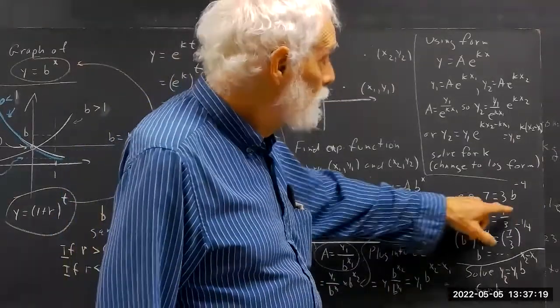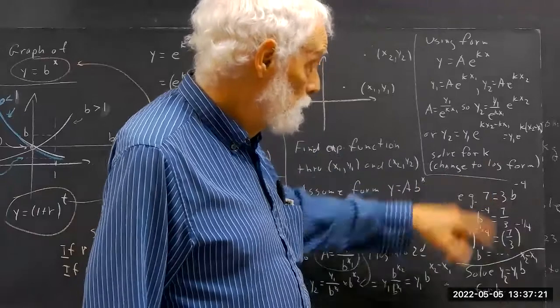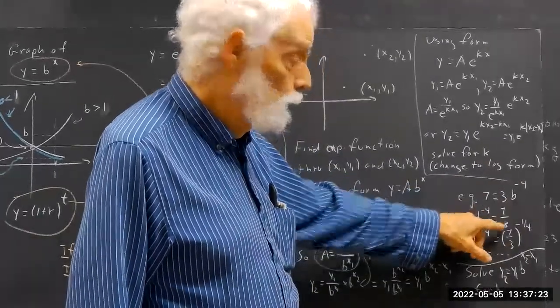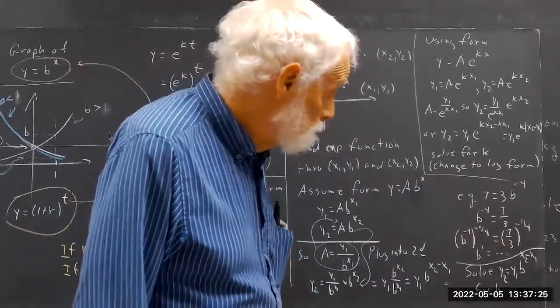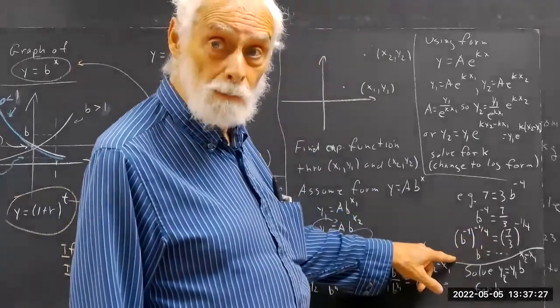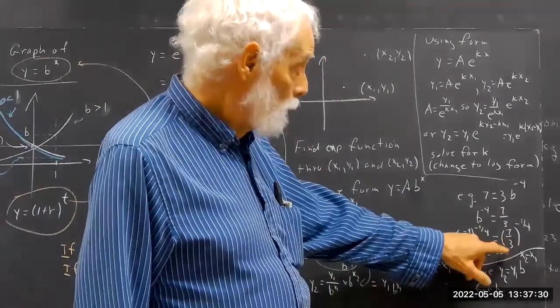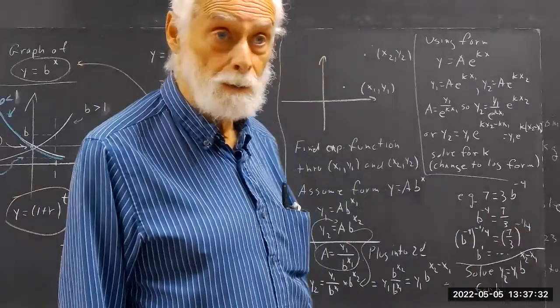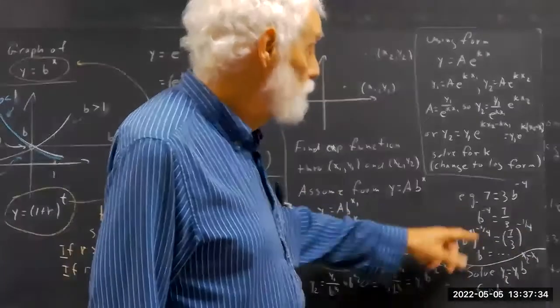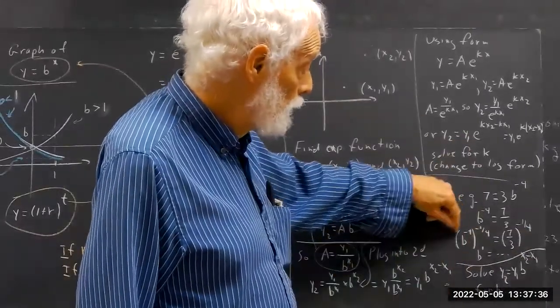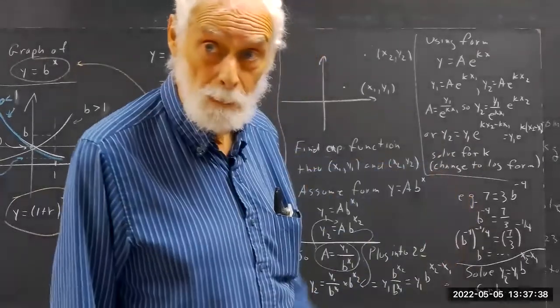So what you do is you solve for b to the negative 4th. Divide both sides by 3, and you get b to the negative 4th equals 7/3. Then you take the negative 1/4 power of both sides. And this is something you just plug into your calculator. This side, you took the negative 1/4 power, because if you take a power of a power, you multiply the powers.